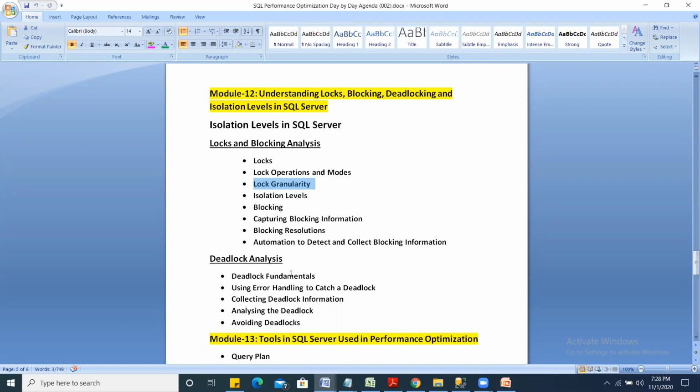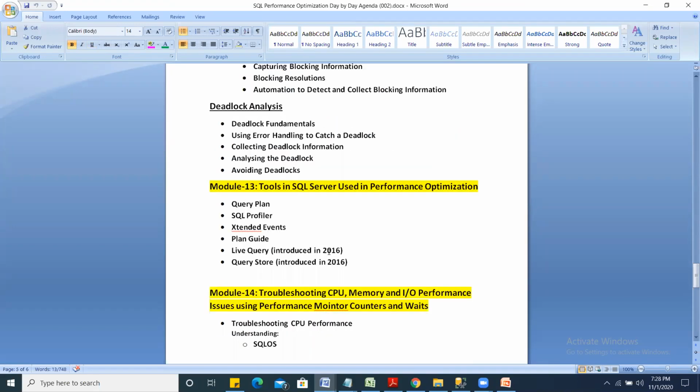So this is a big topic, and if you have a very good understanding of this, you will be able to resolve blocking and deadlocking problems by yourself, right? So behind that, you must have a very good understanding of all these things. For deadlock analysis, usually to see the deadlock graph, we use Profiler. Extended Events does not support that.